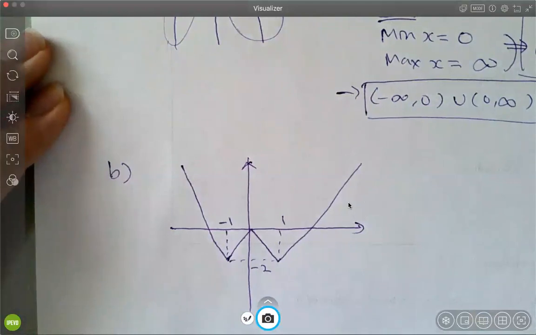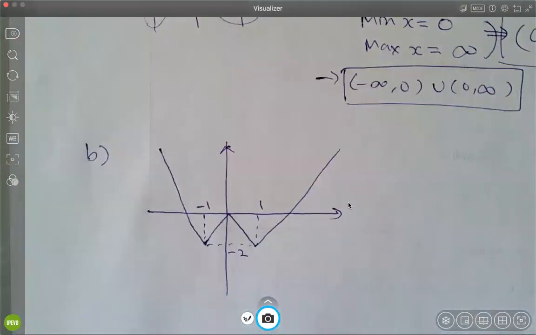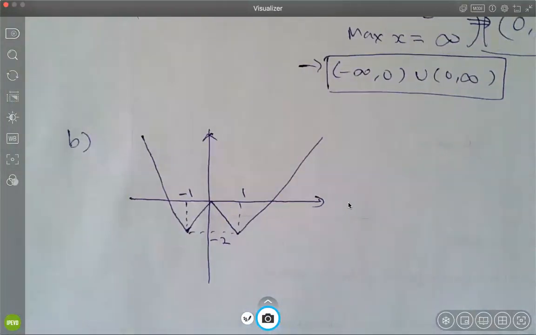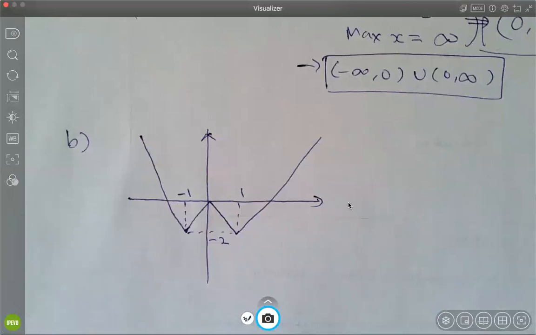Now, where is this graph continuous? In other words, what do we need to check? Is there any break or jump or empty holes on this graph? Is there any break on this graph?